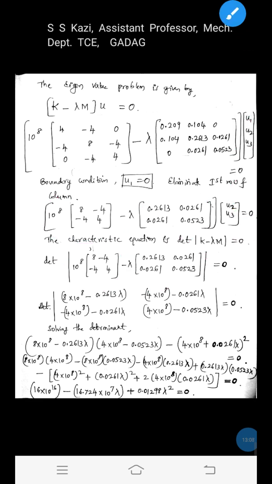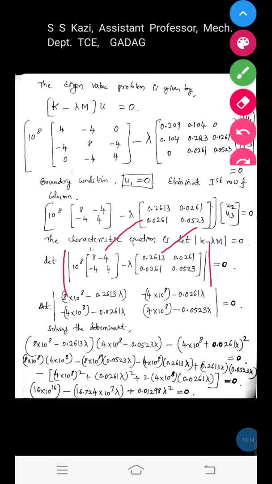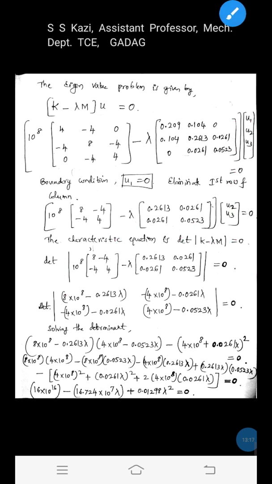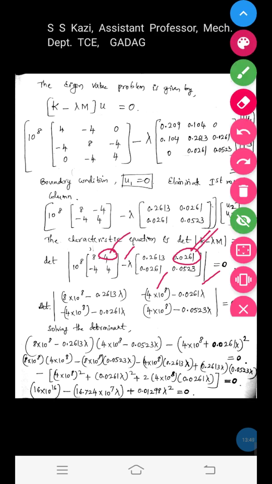Now you just find the 4 terms of this determinant. How? Determinant of 8 into 10 raised to 8 minus lambda into, correspondingly, this term has to be subtracted. Like this, 8 into 10 raised to 8 minus 0.2613 lambda. Now the second term: minus 4 into 10 raised to 8 minus lambda into 0.0261, the corresponding term.